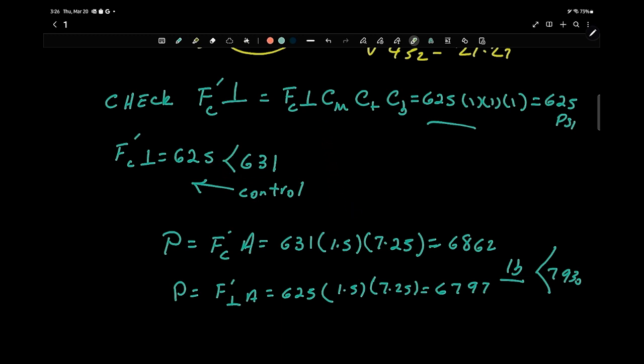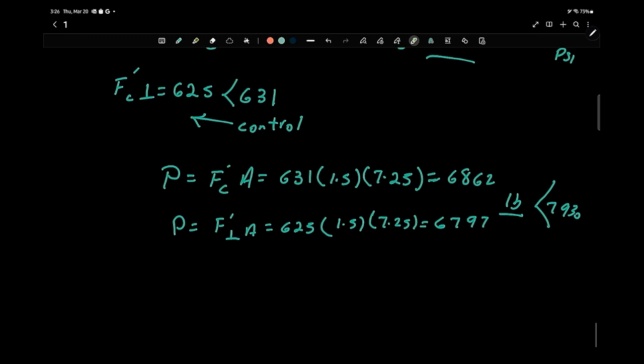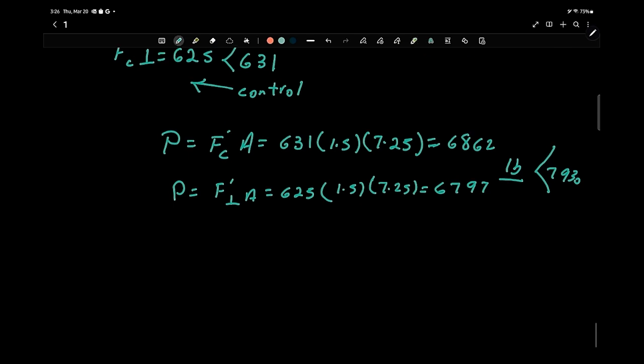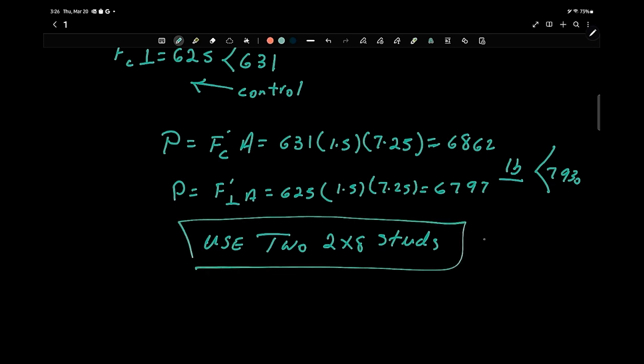And if we go ahead and calculate the force, it's going to come out to be almost similar, which is less than our applied load, which was 7930. So 1 is not going to do it, 2 it's going to do it. Therefore, we're going to say, okay, use 2 2x8 studs, and that should take care of it. All right, done.